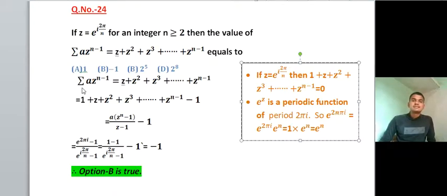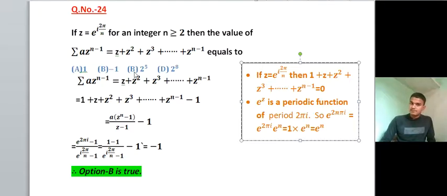So this is a summation of z to the power n minus 1, and in the question it is given z plus z square plus z cube up to z to the power n minus 1.